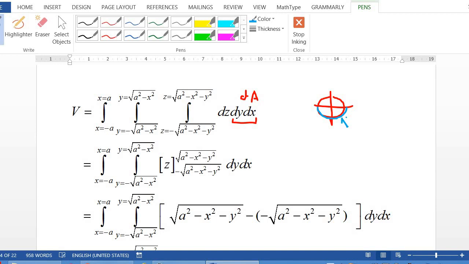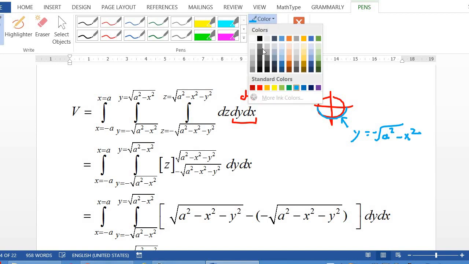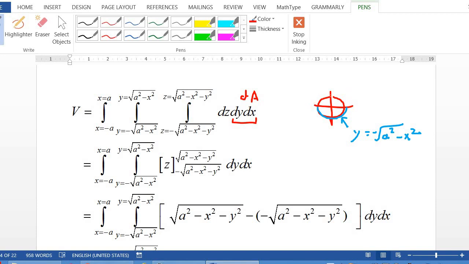The lower curve, the blue color, is y equal to negative square root of a squared minus x squared. The red color curve, the upper curve, is y equal to positive square root of a squared minus x squared. This is a circle with x-intercepts from negative a to a, so we have the full circle.